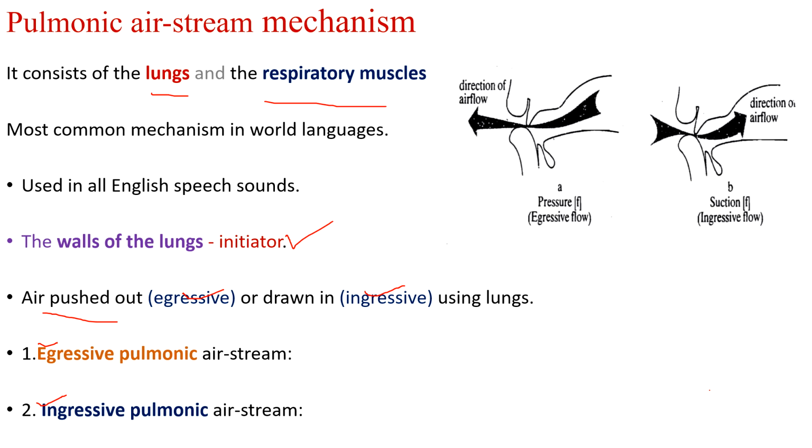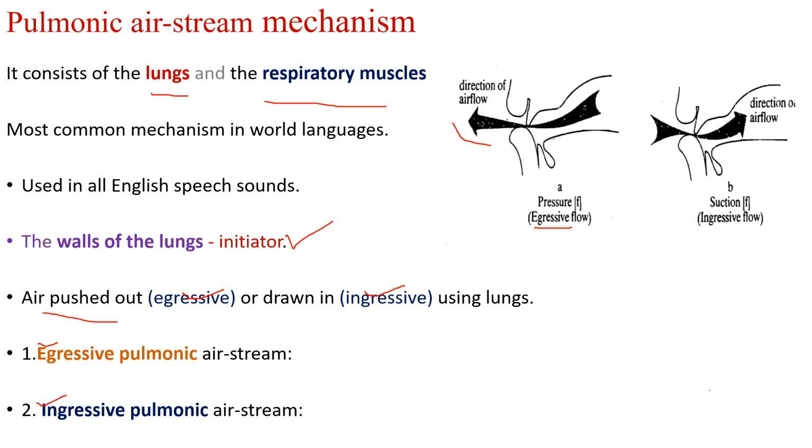Air drawn into the lungs is ingressive. Ingressive is opposite to egressive pulmonic airstream. See the diagram and the direction of airflow. Air is going out from the lungs through the mouth, and this is called egressive. Air is pushed out.